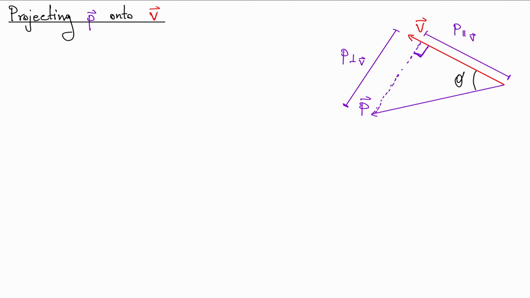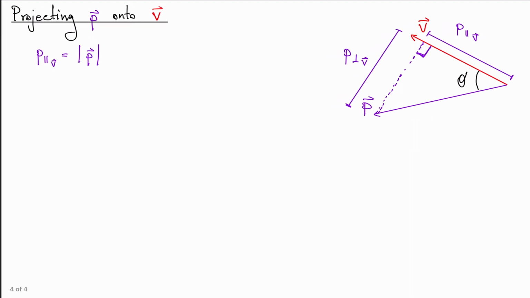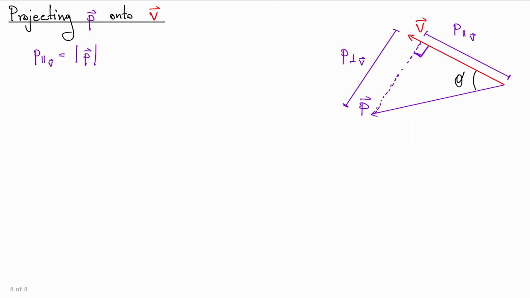So this means, I'm going to skip a couple of steps, this means P parallel V bar is going to be the magnitude of the hypotenuse, which is the magnitude of vector P, times cosine of theta. So this is how we would obtain the part of P that's parallel to vector V. And by the same argument, the part of p that's perpendicular to vector v can be obtained using the sine function.